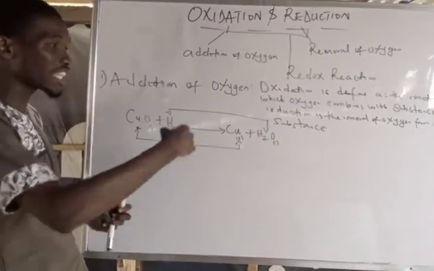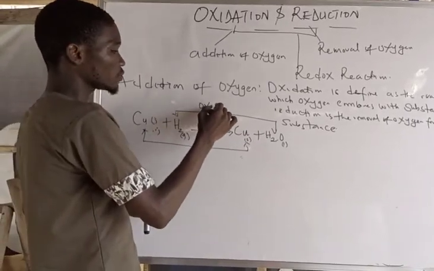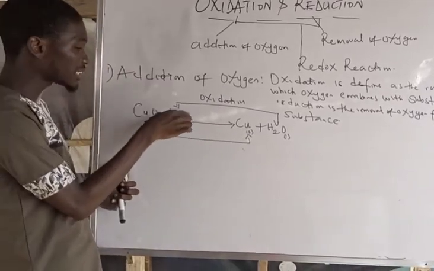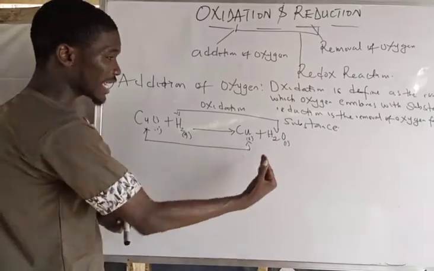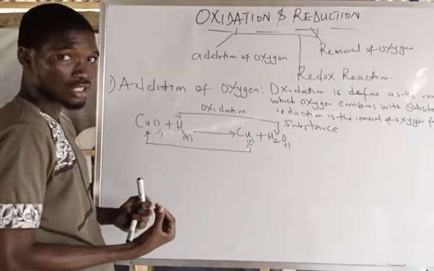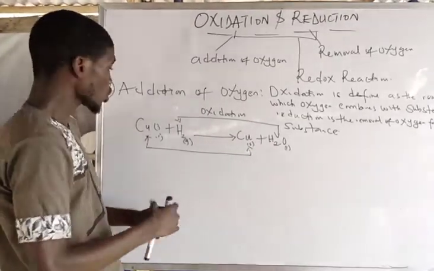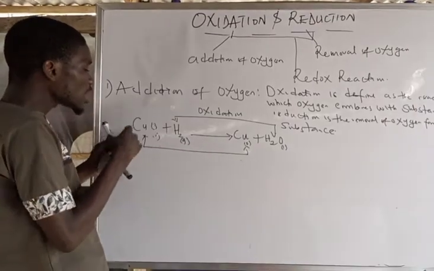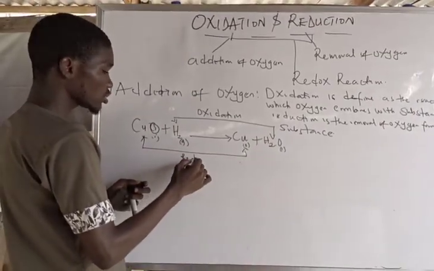The addition of oxygen is oxidation. At the reactant side the hydrogen gas does not have any oxygen, but at the product side it combines to give us water. For the copper 2 oxide, oxygen is being removed from this substance, meaning this is reduction.